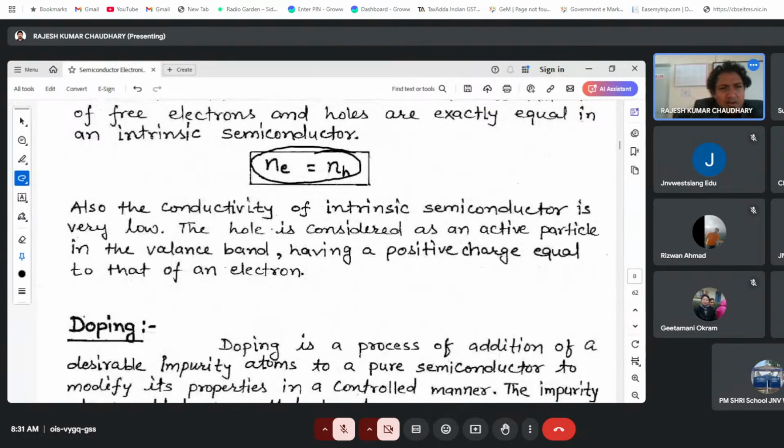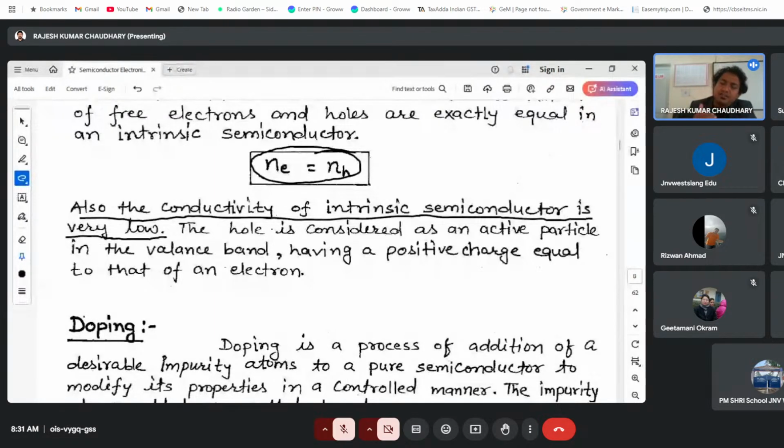And also, the conductivity of intrinsic semiconductor is very low. Why? Because when we talk about intrinsic semiconductor, free charge is very less. And to conduct electricity, my dear students, we need free charges.